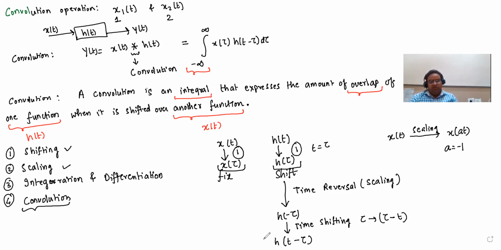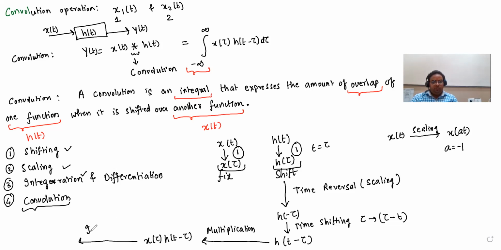Now the next operation that we are going to do, I'll write it here, that is multiplication. Multiplication of what? Multiplication of h of t minus tau with our fixed signal, that was x of tau. So we do multiplication. And finally, we make use of integration.